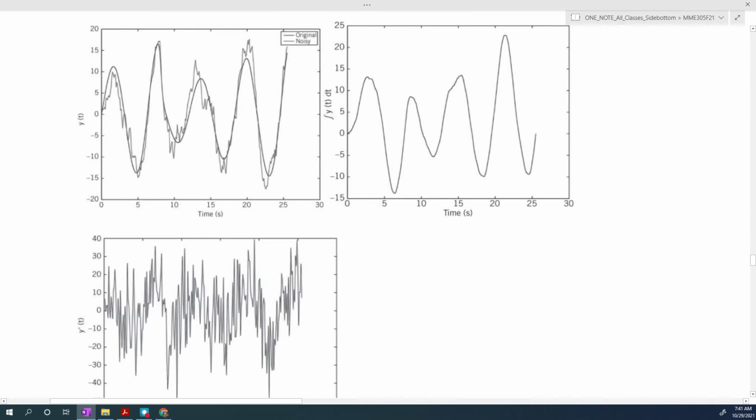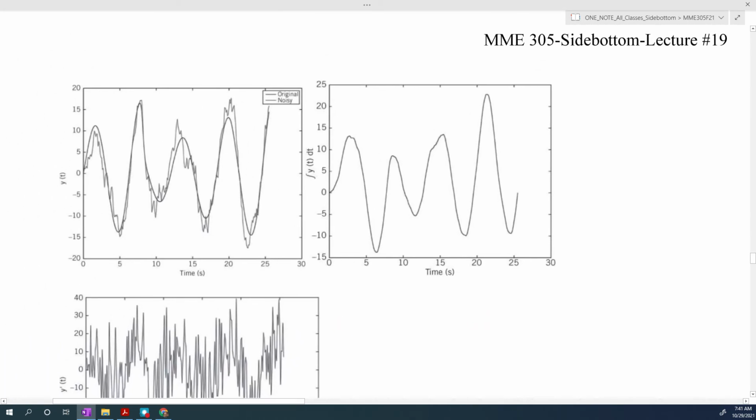if we have a signal here, this is our original data from our transducer, y of t, and we integrate that signal. In the case of the accelerometer, what we would get would be something like this, a very nice, smooth, consistent signal.